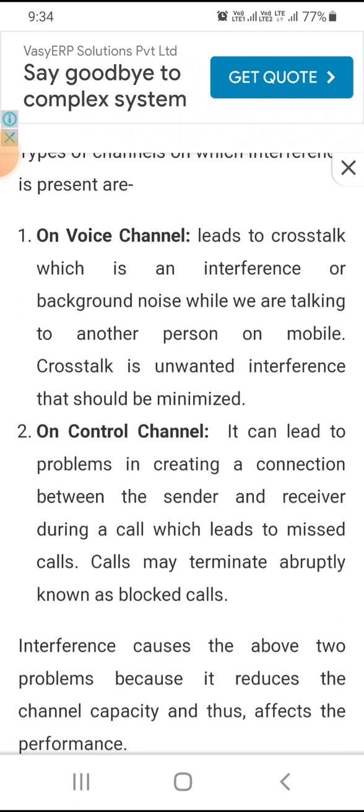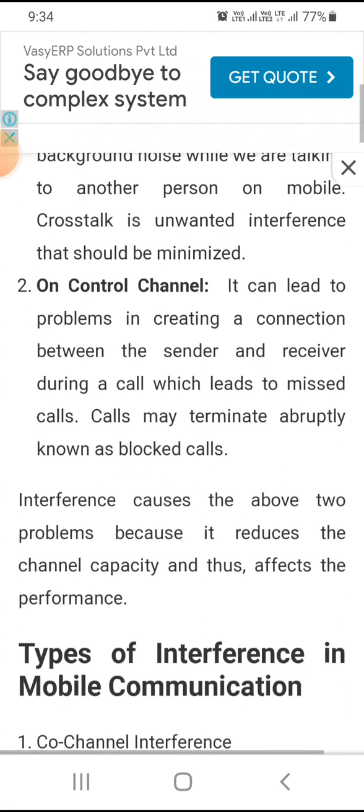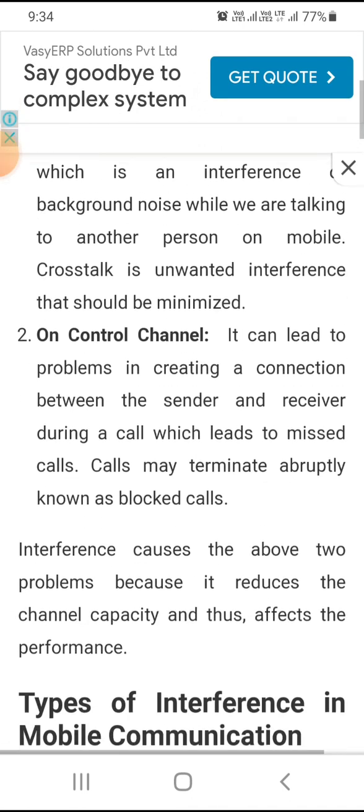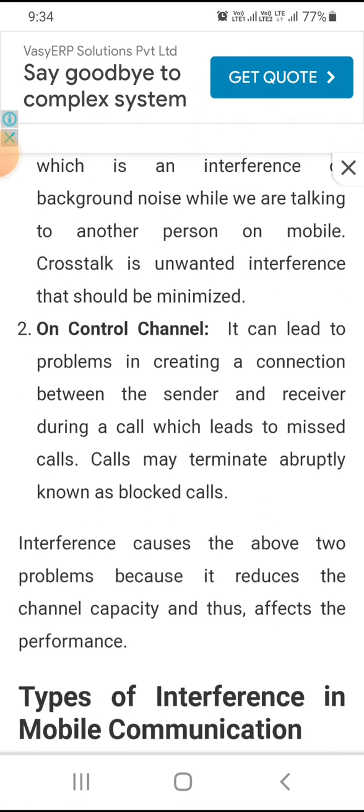It can lead to problems in creating a connection between the sender and receiver during the call, which leads to missed calls. A call may terminate abruptly, known as a blocked call. Interference causes these problems because it reduces the channel capacity and thus affects the performance.